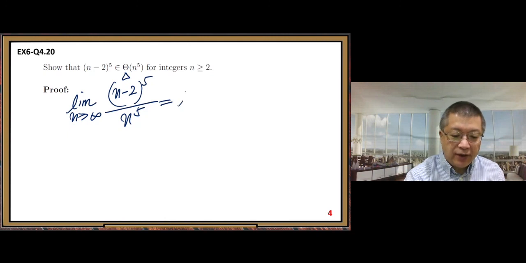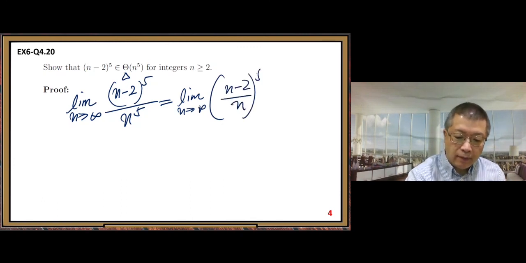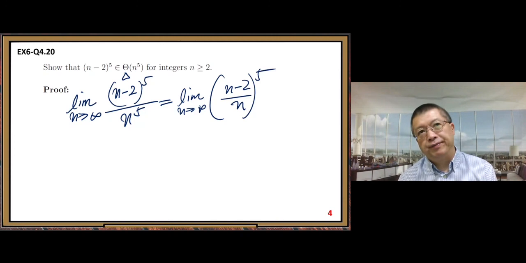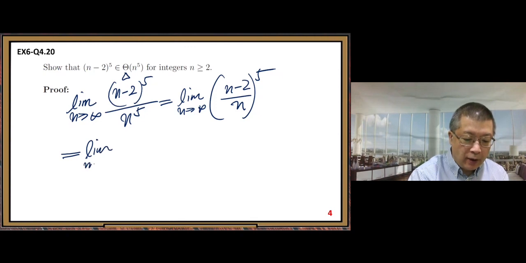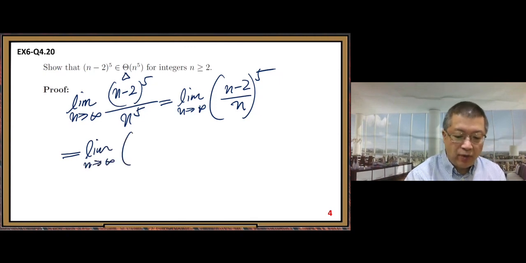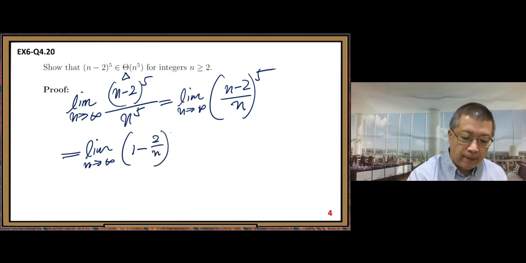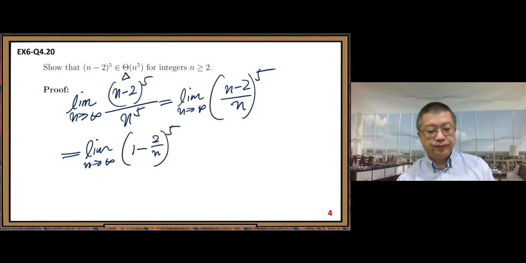After that, we take the limit of (n minus 2 over n) to the 5th. All right. Then we simplify the fraction inside the parentheses: (1 minus 2 over n) to the 5th.